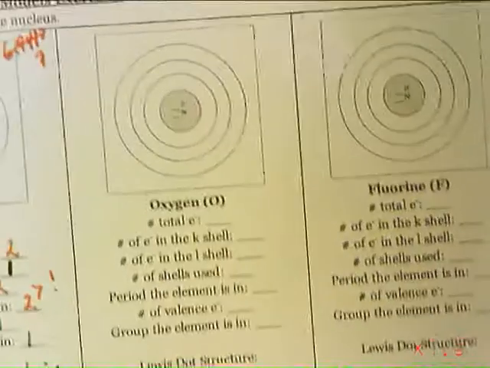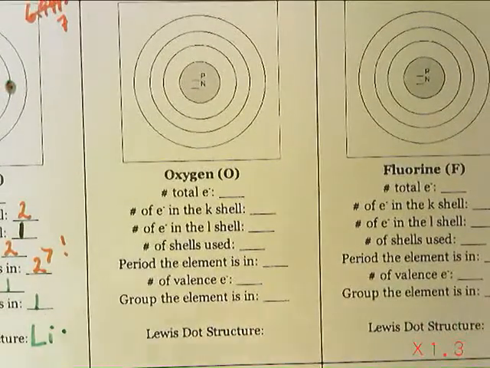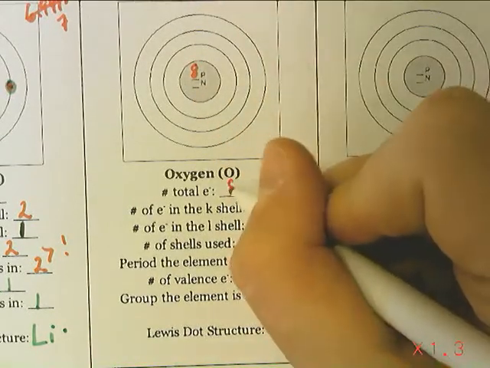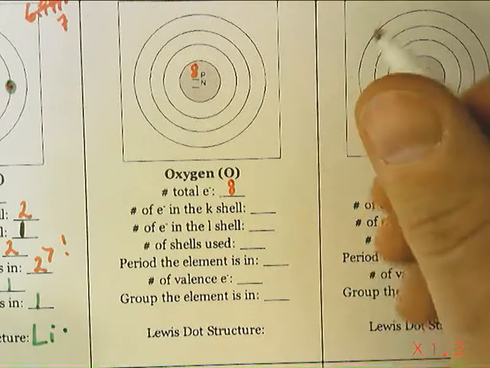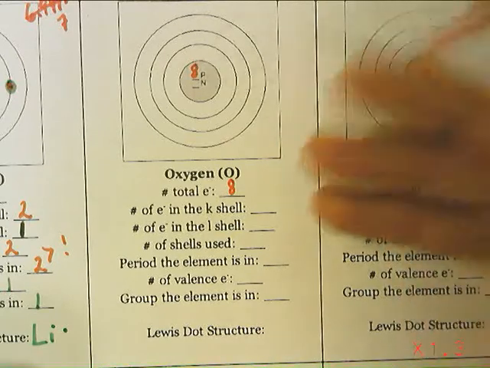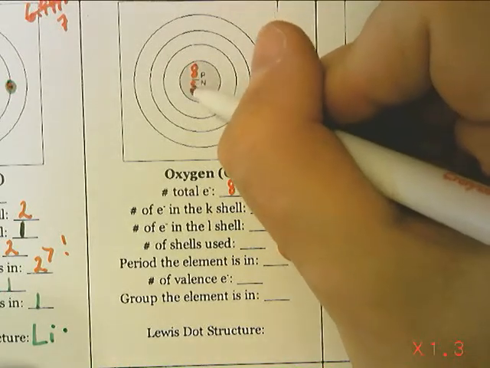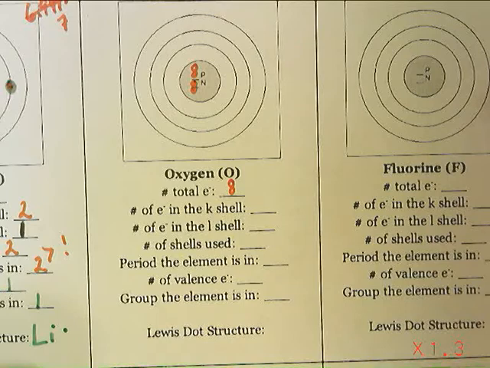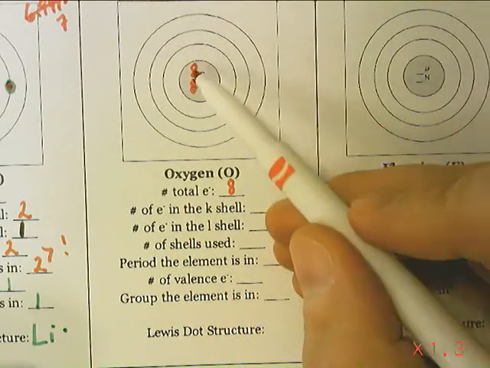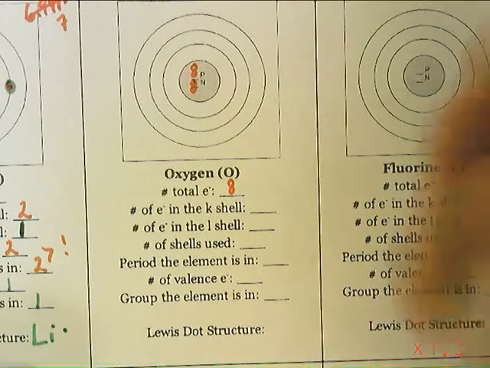Now if we go over here to oxygen, oxygen has 8 protons. If you round its atomic weight to the nearest whole number, you get 16. 16 minus 8 is 8. So it has 8 total electrons, 8 protons, 8 neutrons.